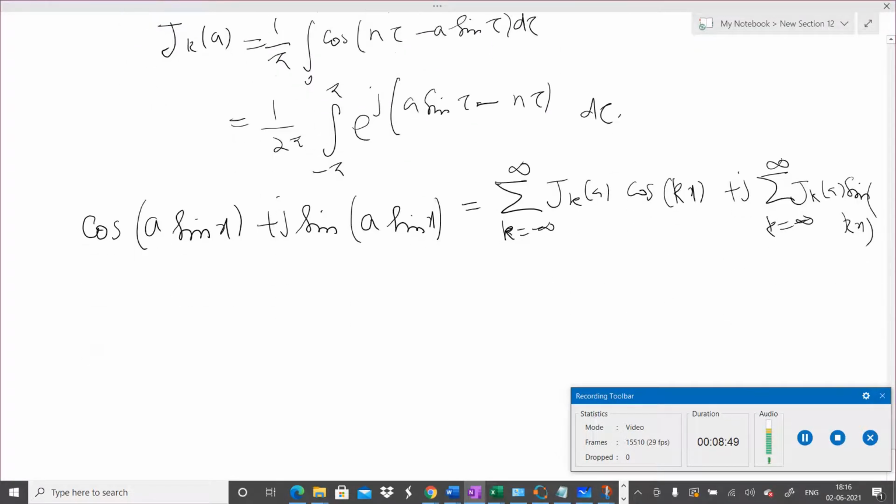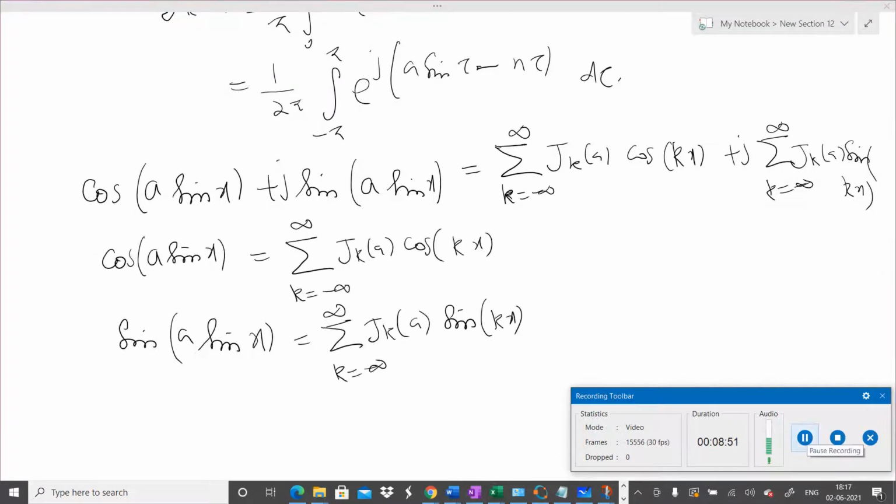So this is another result of Bessel functions. Now, comparing real and imaginary parts, we get this series, so cos of a sine x is written in this way. If we write this series in expanded form, there is a term where k is 0, corresponding to J_0(a) cos of 0.